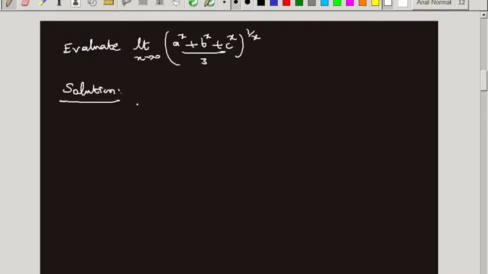So here we consider this as k. Limit x tends to 0 (a power x plus b power x plus c power x dividing by 3) whole power 1 by x.